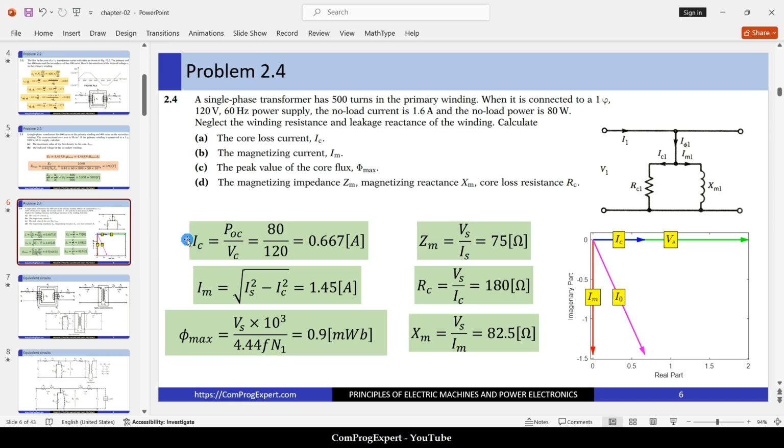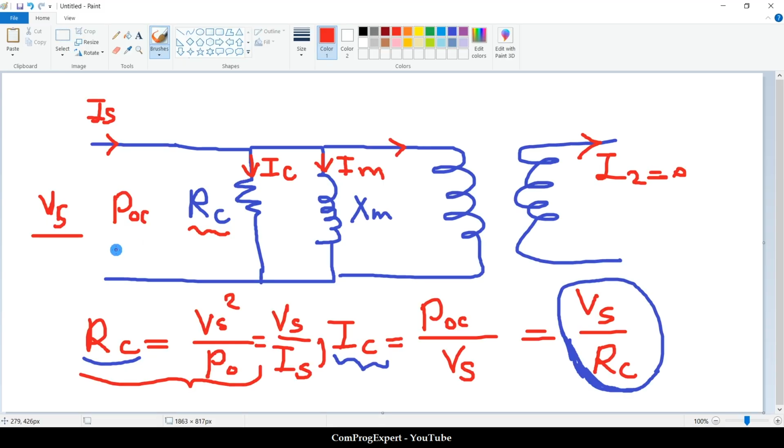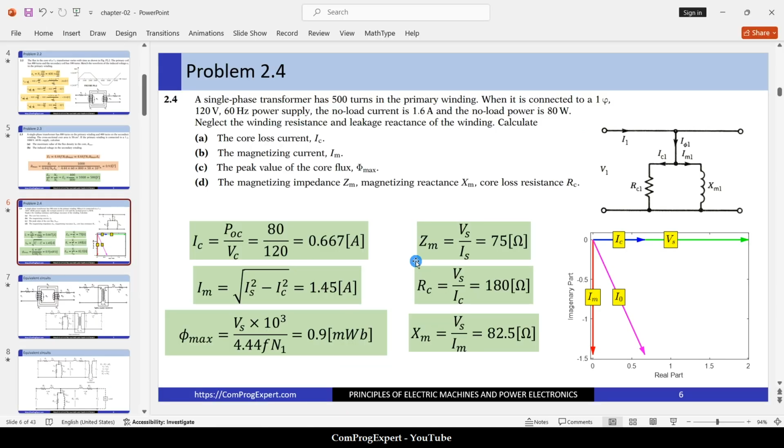We know that IC is a complex number and Im. So in MATLAB, I will also generate this vector diagram and check the angles. So the value of the Zm magnetizing impedance is Vs divided by Is.